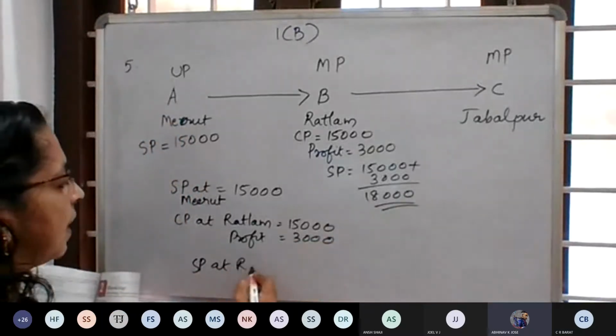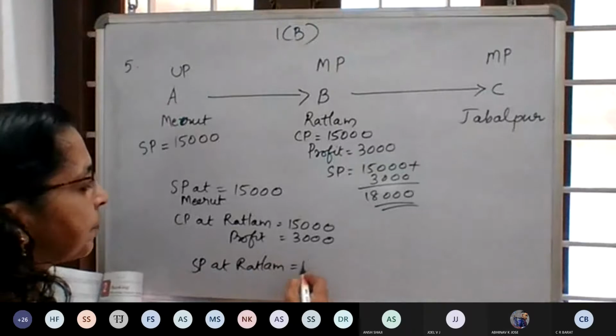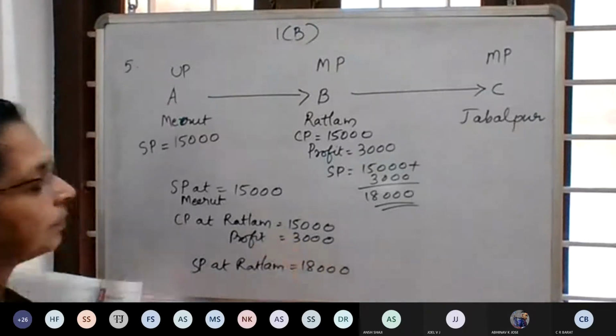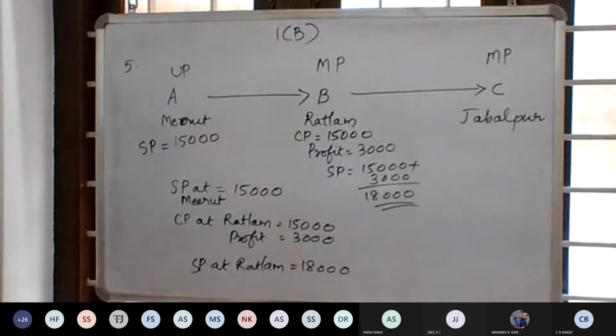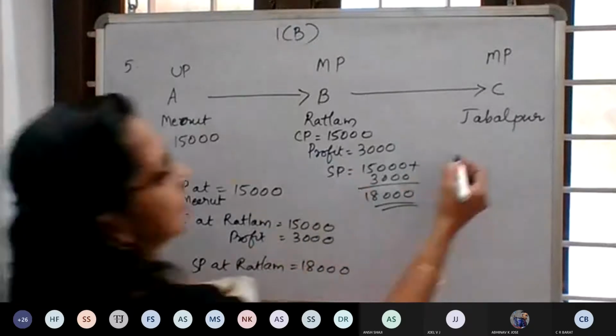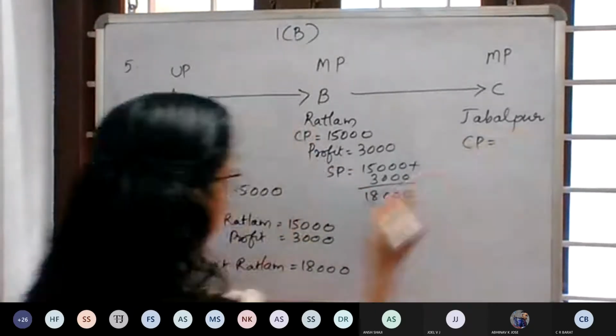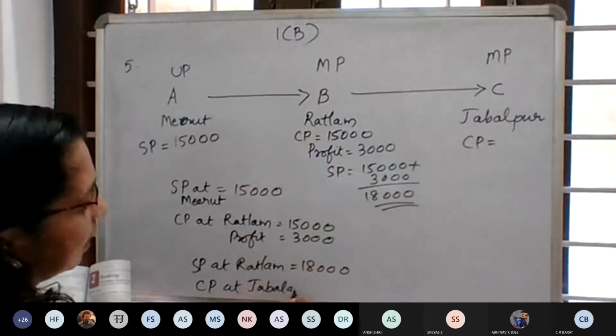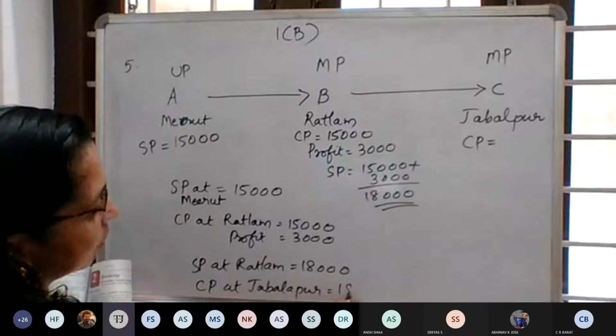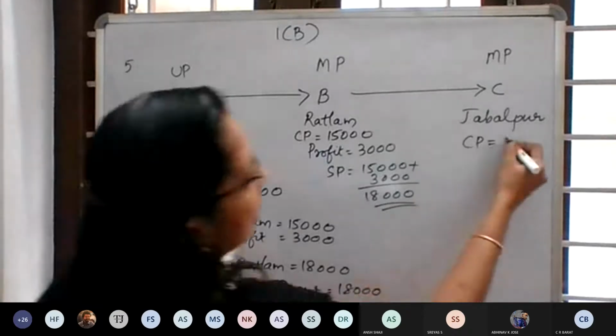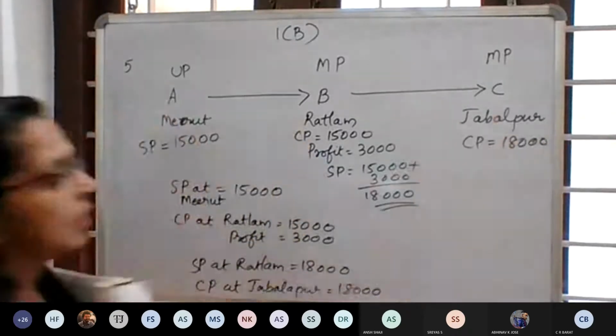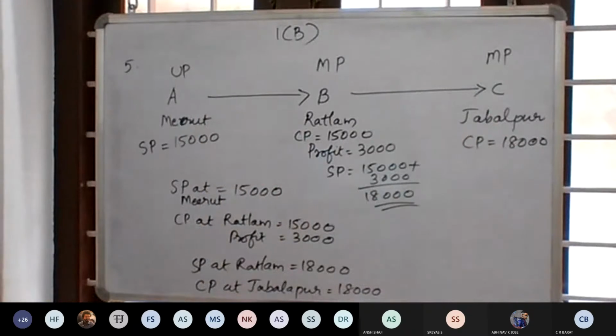SP at Ratlam will be 18,000. Next, what will be the cost price at Jabalpur? 18,000. Up to this, understood?